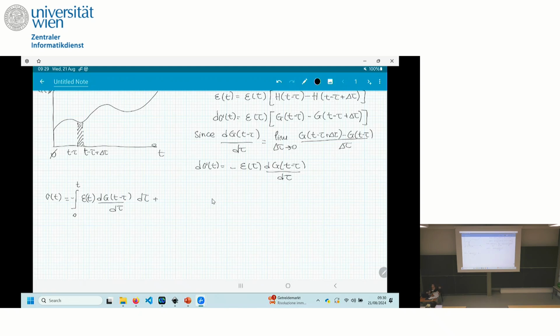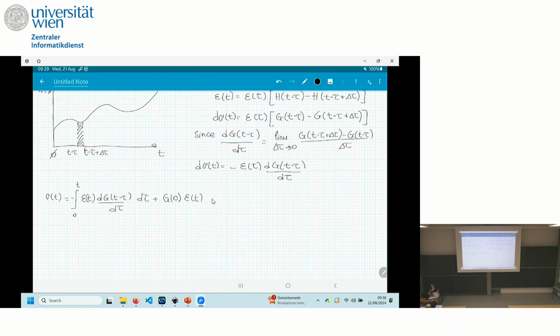So this second term, the one where I put the cross, arises from the fact that if we are computing the stress at time t, we also have the contribution of epsilon at the time where we want to compute the stress.